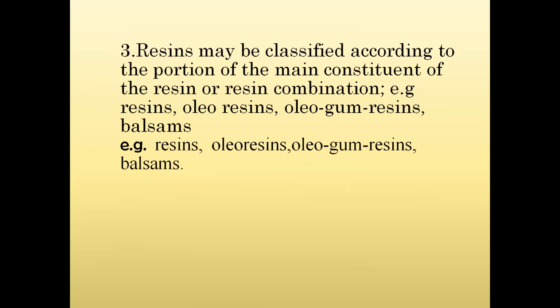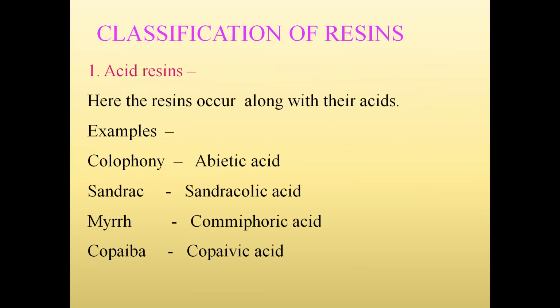Example: simple resins, oleoresins, oleogum resins, and balsam. Now we are studying the classification in detail. What are acid resins? In this, the resins occur with their acids. When resin plus acid, they are known as acid resins. Example is colophony. Its main active constituent is abietic acid.